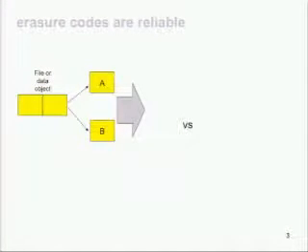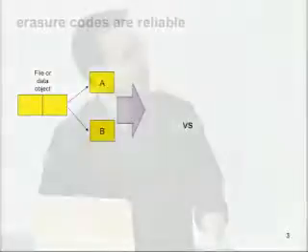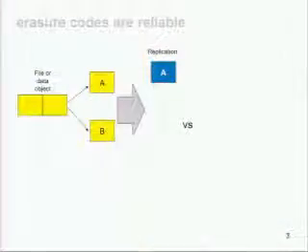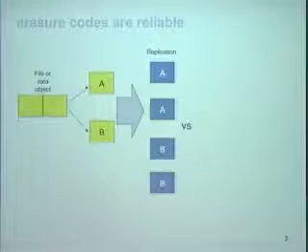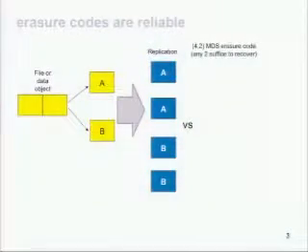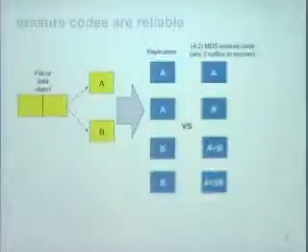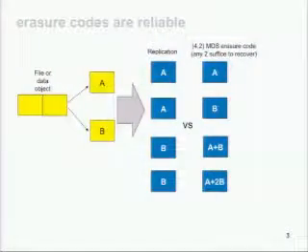The point of this slide is that erasure codes are better than replication. So what is replication? Replication says, OK, just store your packet twice and store the other packet twice. And this is in 4 disks. Let's compare this with a 4,2 erasure code, which is the one I just showed.